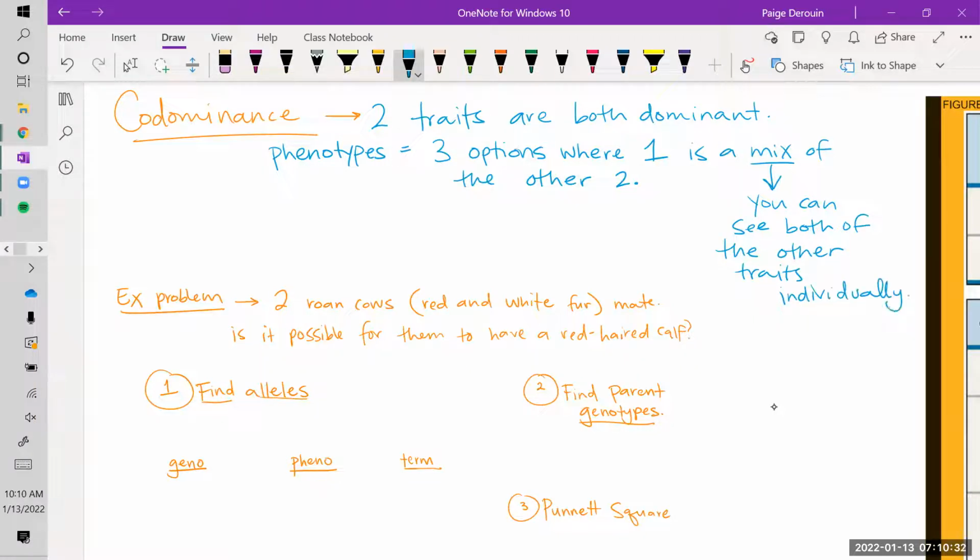So what I mean by that is like a fruit salad where you have a fruit salad of only strawberries and you have a fruit salad of only bananas. And then you also have a fruit salad of strawberries and bananas where you can see the strawberries and you can see the bananas and they're not all mixed and blendy. You can still see them, okay?